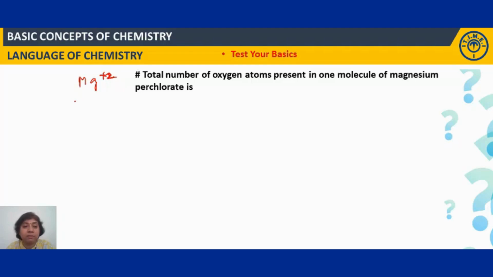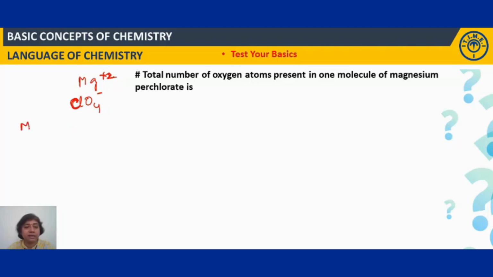So the formula of perchlorate is ClO4 minus, with capital C. One thing I am telling you time and again, since small c and capital C look almost the same, you have to be very careful while writing C. It is a capital C, a bigger C you have to write. So ClO4 minus.